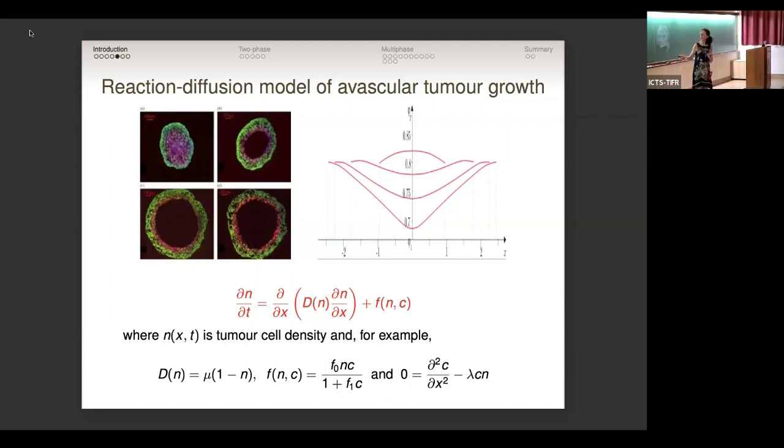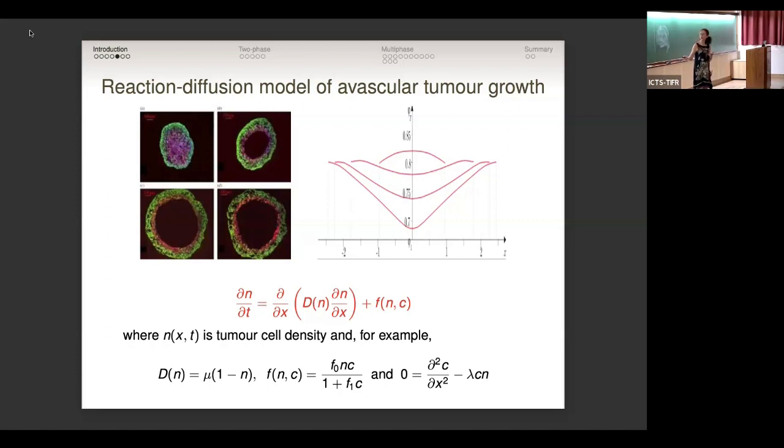Again, quasi-steady here, because the timescale for nutrient diffusion and consumption is much more rapid than the timescale for cell proliferation. Okay? And again, you could think of a constant value for the diffusion coefficient or the cell motility, or you might think of some nonlinear motion term.